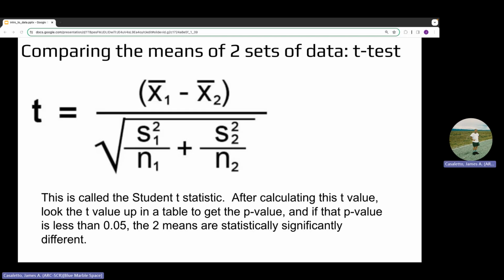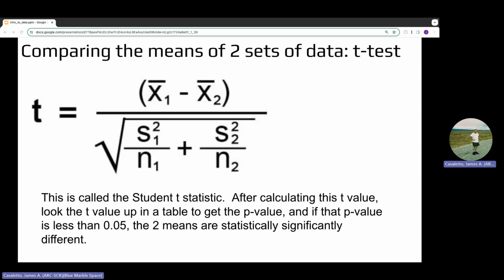There is a method to compare the means of two distributions called the t-test, and it calculates a statistical value t shown in the slide. x1 bar and x2 bar are the means of the first and second distributions respectively. S1 and S2 are the standard deviations, respectively, and N1 and N2 are the sizes of those distributions, respectively.